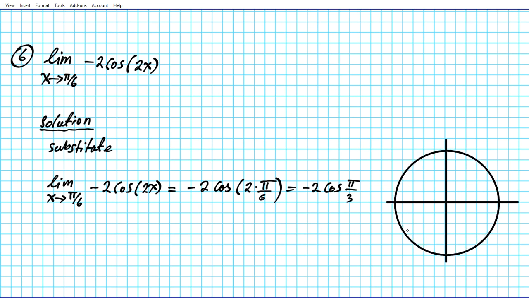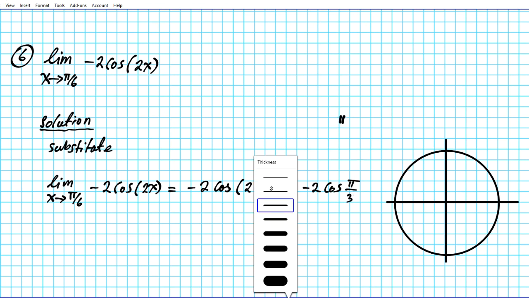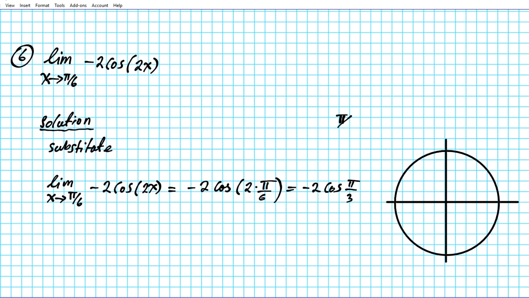Now, if you haven't memorized where pi over 3 is, you can just easily convert it to degrees, just to give you a visual as to where it's at. You multiply it by 180 over pi. 3 goes here 1, 3 goes here 60, and then the pi's cancel out.